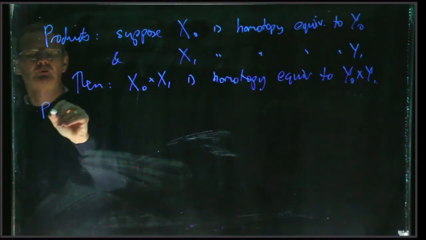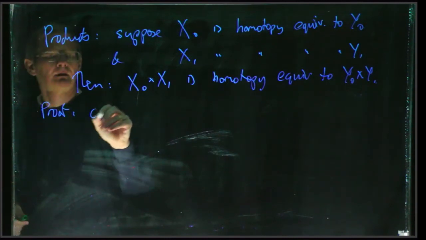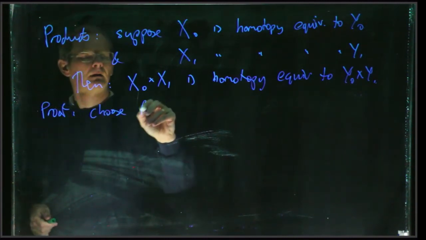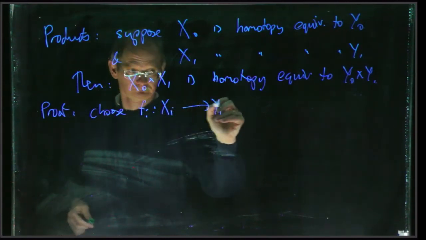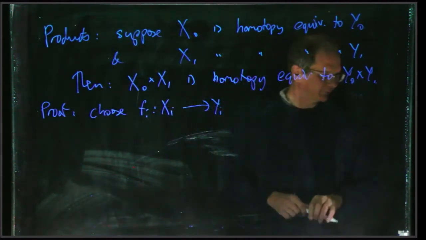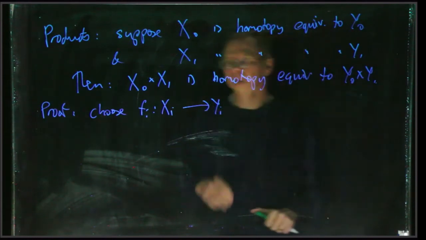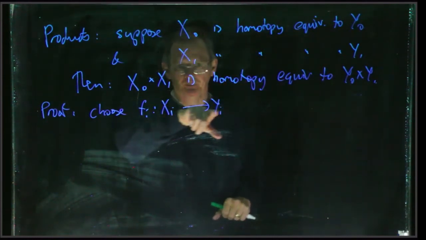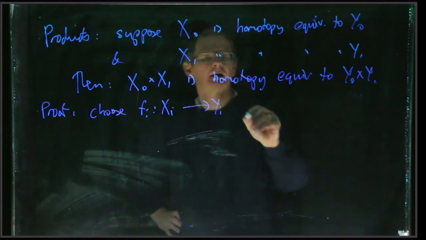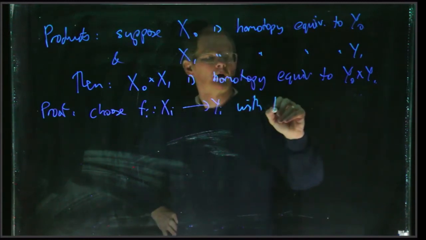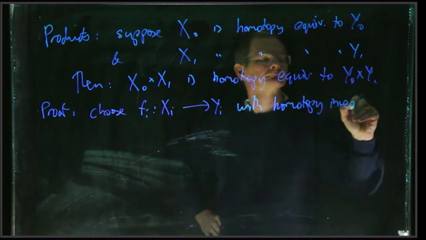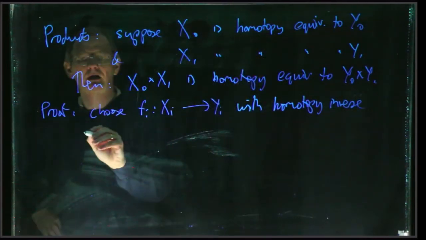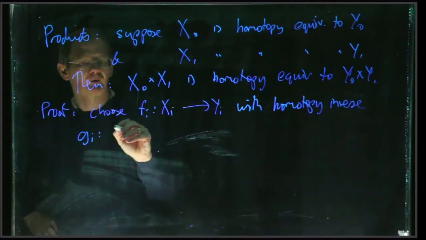And then the proof: we need to choose homotopy equivalences Fi from Xi to Yi, with homotopy inverse Gi, say, from Yi to Xi.